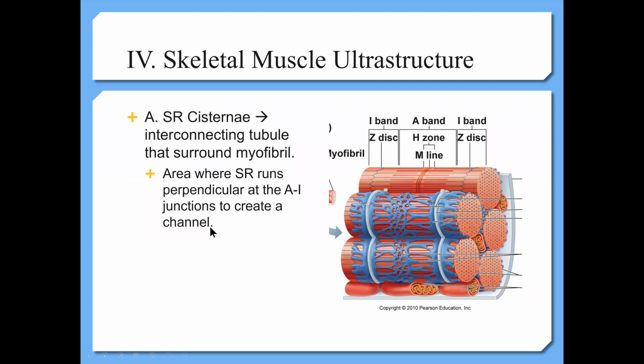These are cisterns, an area where the sarcoplasmic reticulum runs perpendicular at the AI junction on the muscle. So this would be at the AI junction.